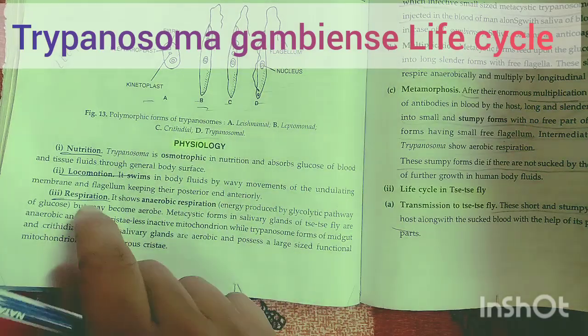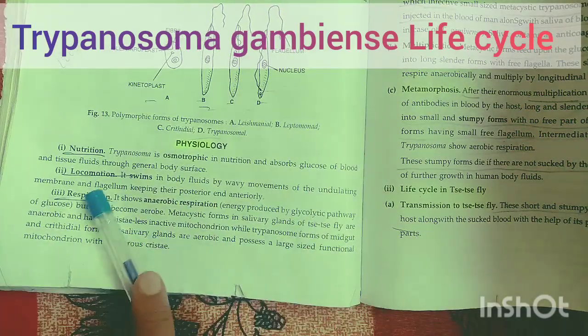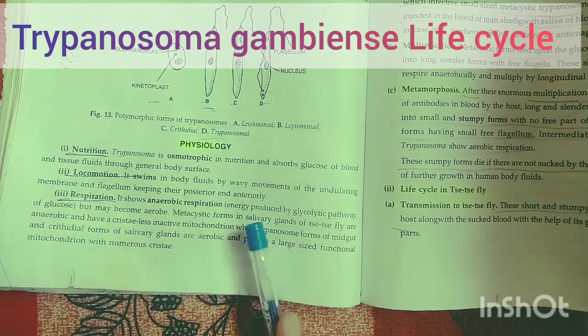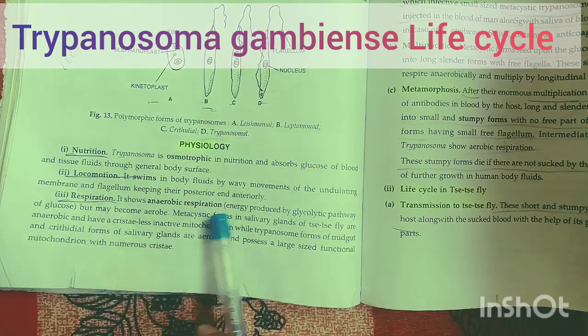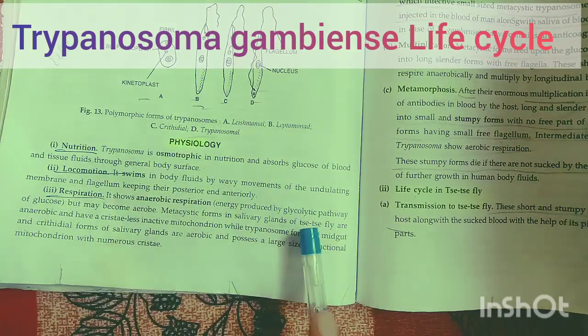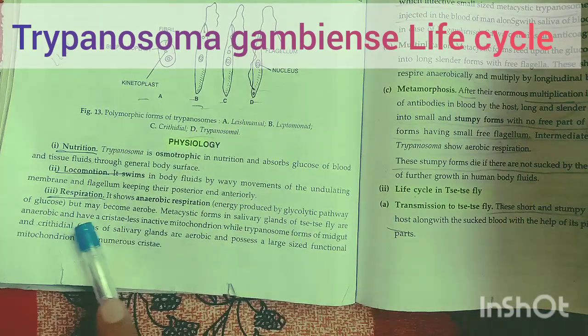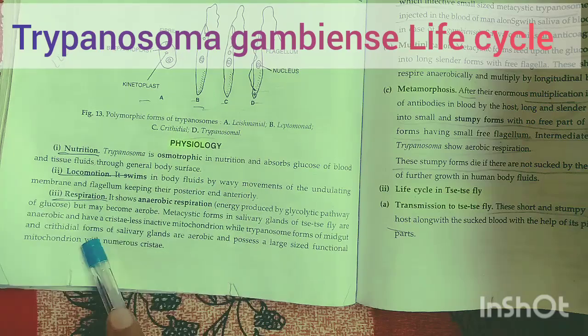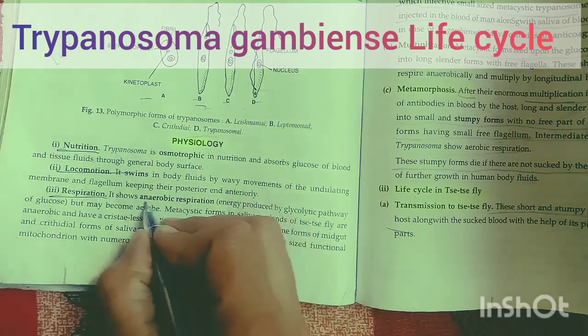I earlier discussed that the undulating membrane and flagellum help in locomotion. Respiration is anaerobic. Anaerobic means energy is produced by the glycolytic pathway of glucose, but it can also become aerobic, though mostly it is anaerobic respiration.